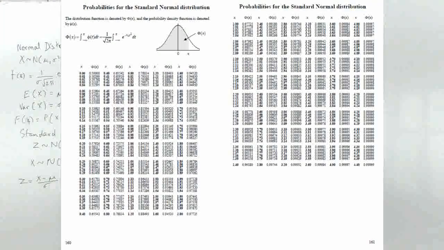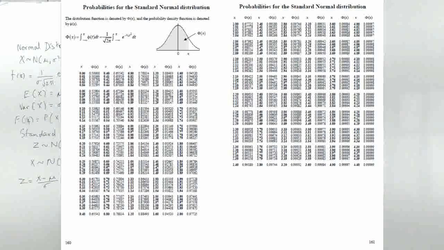Why do we have values only from 0 to 4.4 when the values of our variable can go from minus infinity to infinity? Basically, the probability for 4.4 is 0.999999, or almost equal to 1. So we don't need any value greater than that.